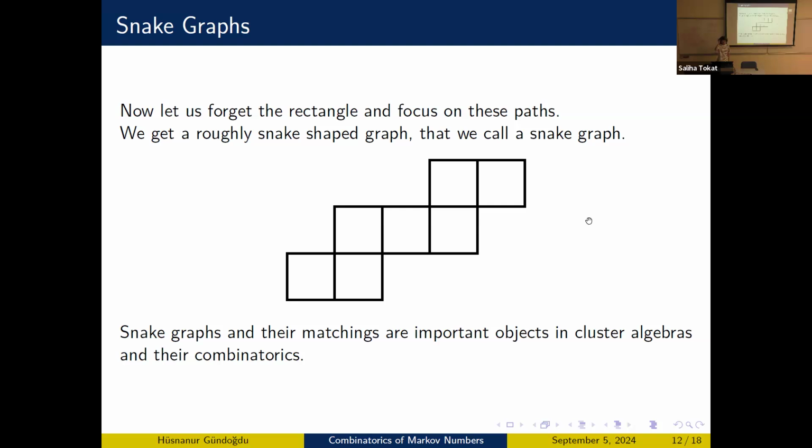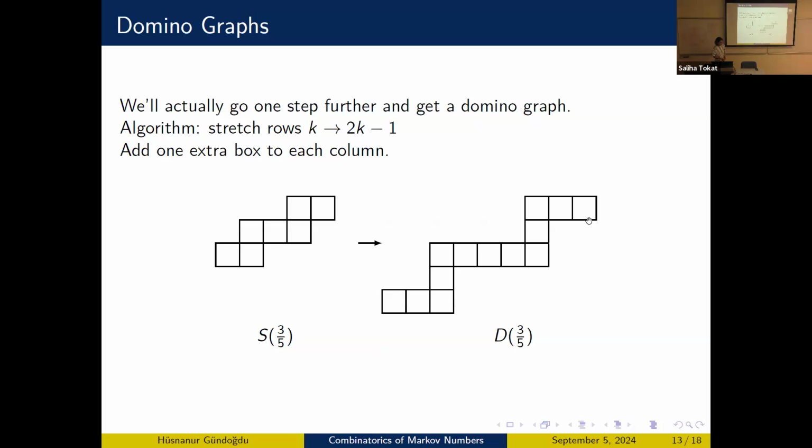Snake graphs and their matchings are important objects in algebra and combinatorics. And the domino graphs are the snake graphs which we stretch: every row square k becomes k minus 1, and we add one extra square in each column.